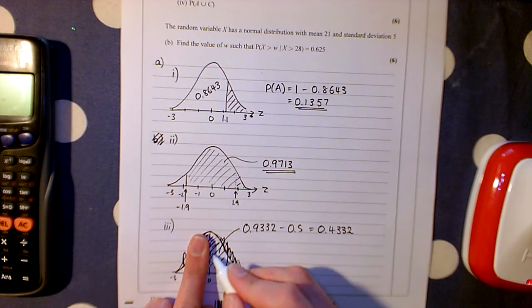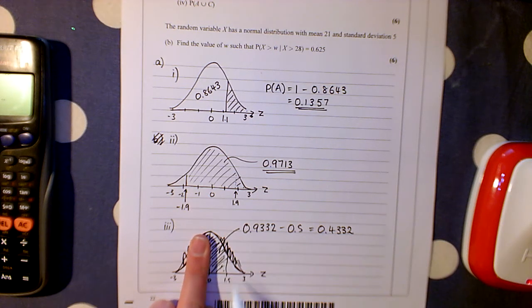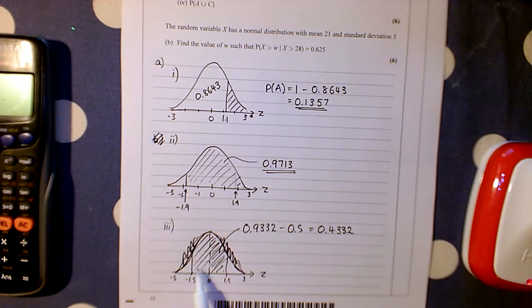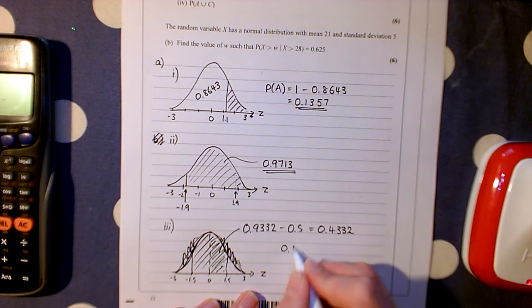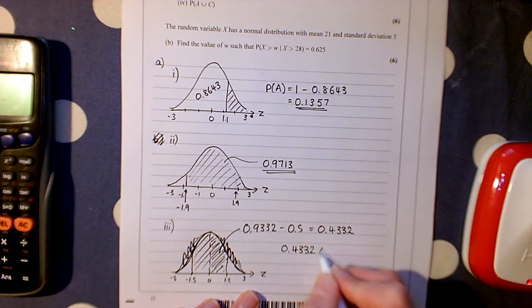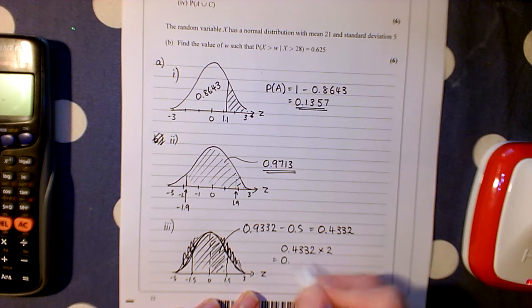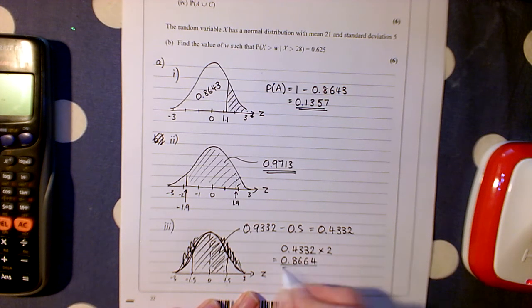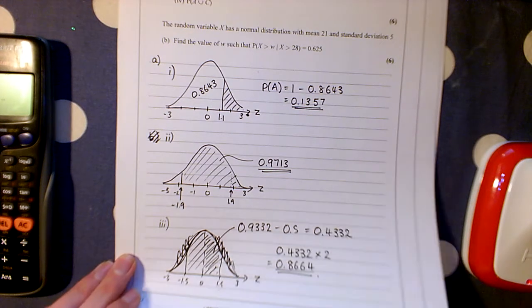But I don't want just this section. I need also this part as well, which is exactly the same size because of the symmetry, and so my final answer is 0.4332 doubled, which gives me 0.8664. That's worth 2 marks.